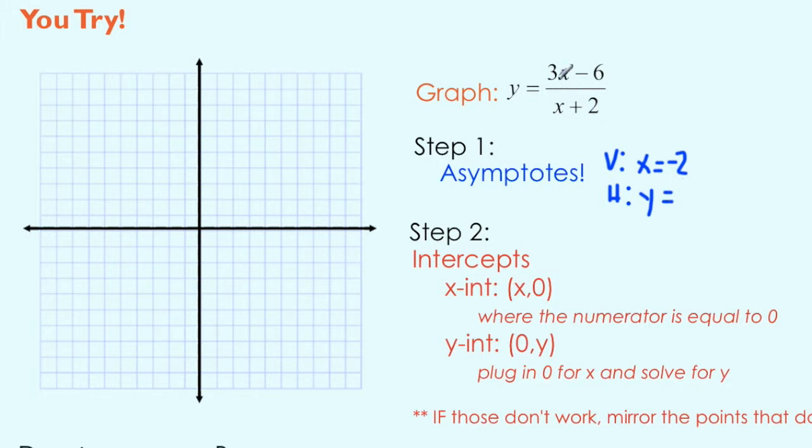Y equals, right here, same degree variables, so 3 over 1, because you're noticing that that is invisible. 3 over 1 is 3. So let's plot those. X at negative 2 is right here. And y at 3 is up here.